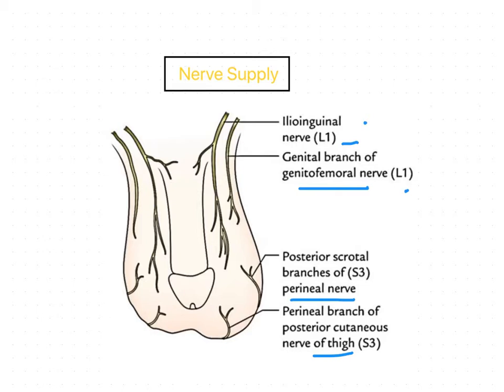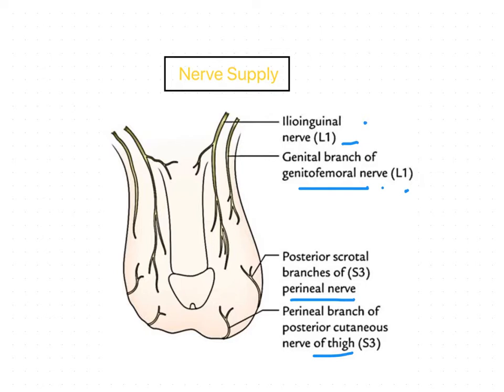The anterior one third of the scrotum is supplied by L1 of the spinal cord through the ilioinguinal nerve and the genital branch of the genitofemoral nerve, and the posterior two thirds by segment S3 through the posterior scrotal branches of the pudendal nerve and the perineal branch of the posterior cutaneous nerve of thigh.